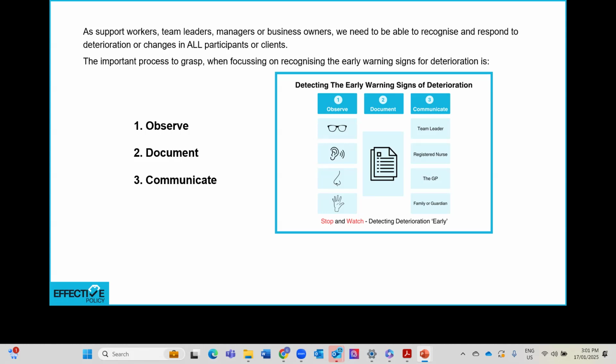So then we really come back very strongly to what is their usual self. So getting people to focus on and understand what that person's usual is. What's their usual? Yeah, what's their baseline? And are they a long way from their baseline? And let's write it down.